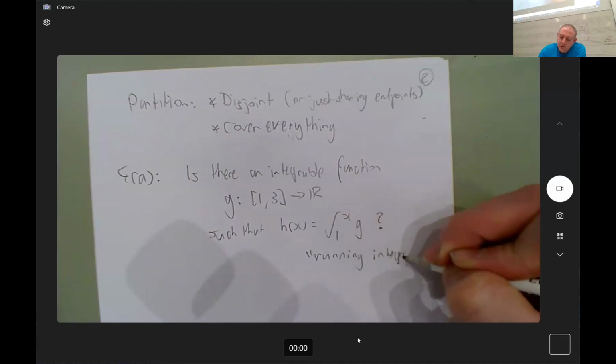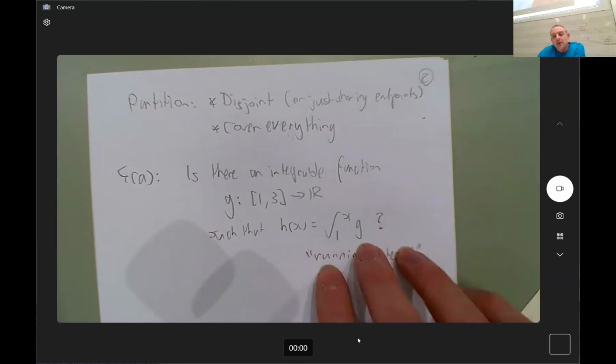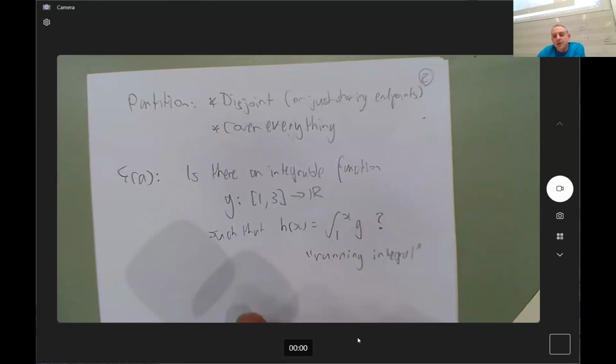I don't think that's what your lecturer calls it. I don't think he has a name for it. But if you have a running integral function, then the derivative of the running integral function has to be g. Like the derivative of an integral is the original function. That's fundamental theorem part one. And fundamental theorem part two is that the integral of a function is an antiderivative.